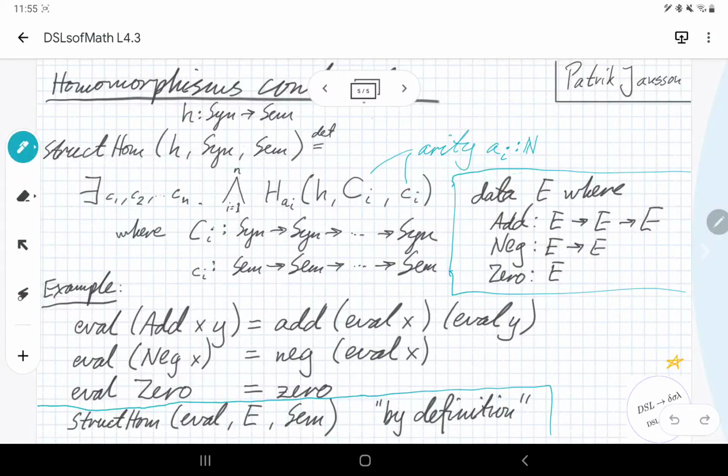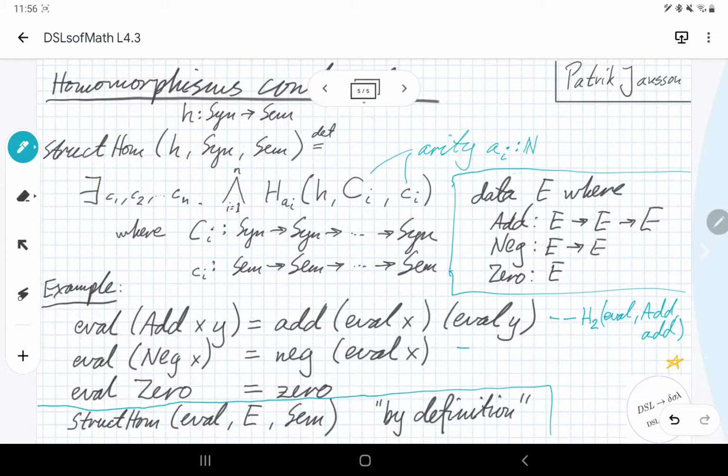So if you remember, this first thing is basically the statement h2 of eval from Add to add. I didn't have quite a space here.